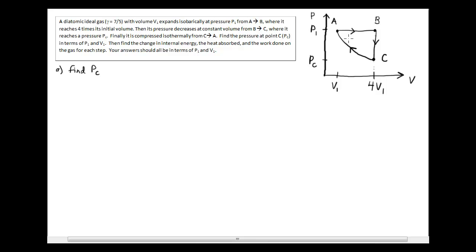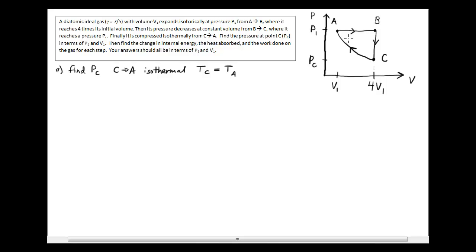We just don't know until we consider that the process from C to A is isothermal. So TA and TC are the same. TC equals TA. Since we want to find the pressure at point C, and we know the pressure at point A, let's use the ideal gas law and this isothermal relationship between the temperatures.